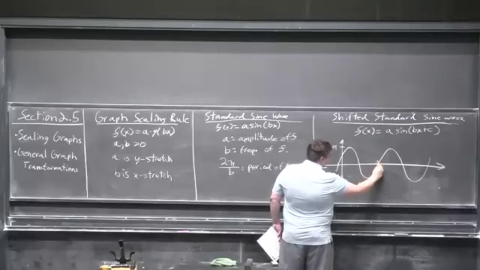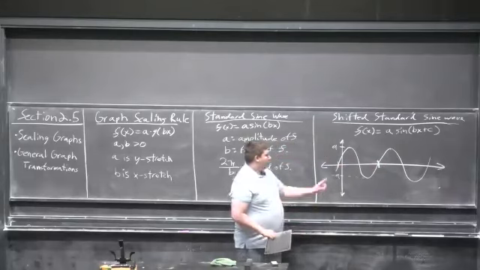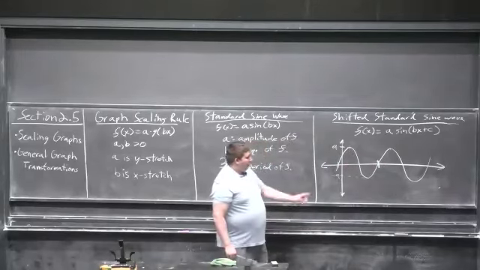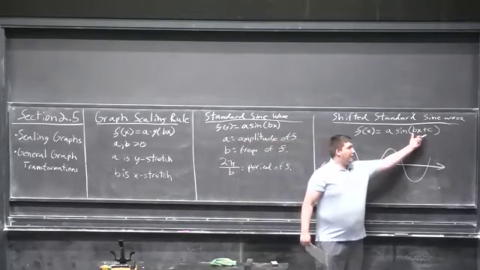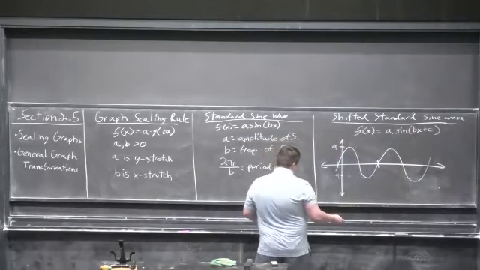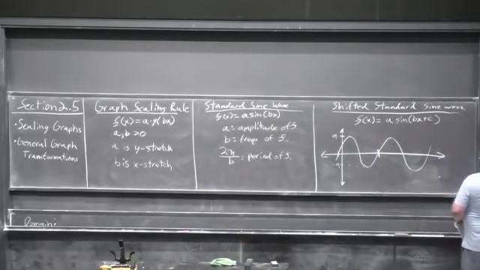This would be our period on the preferred interval, because we did one cycle. And then this phase shift is governed by c and b. Well, how can we describe this more perfectly?